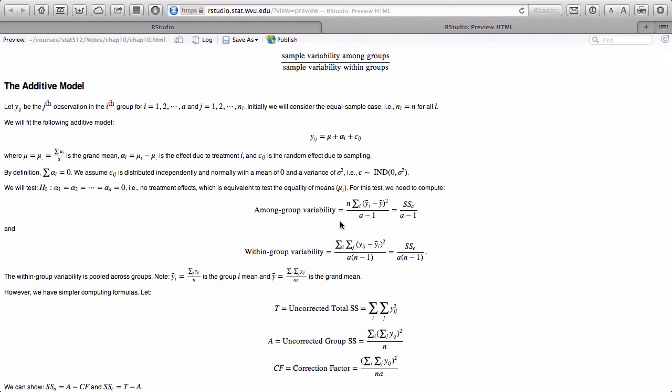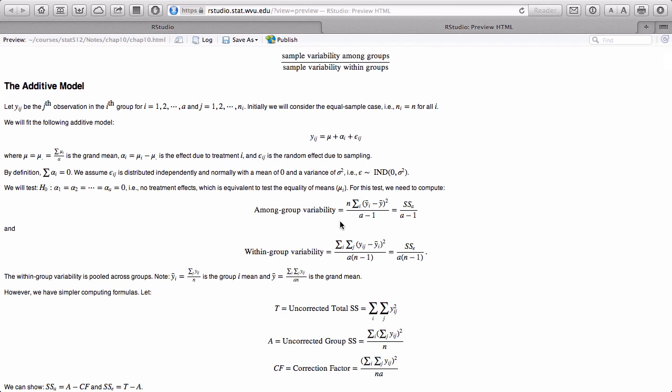In the case of our example, it would be mu a, b, c, and d, that is the 4 groups. And we've reparameterized it as mu plus alpha sub i plus epsilon sub i j. The problem is when you do it that way, you have mu, alpha 1, alpha 2, up through alpha a. You have a plus 1 parameters. We say you have over-parameterized the problem.